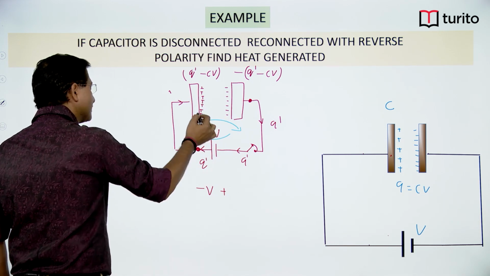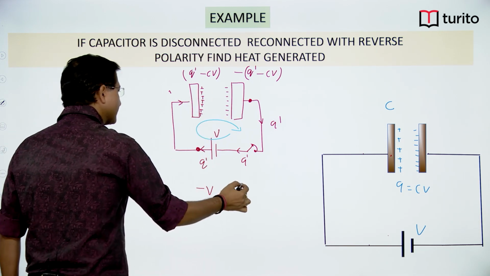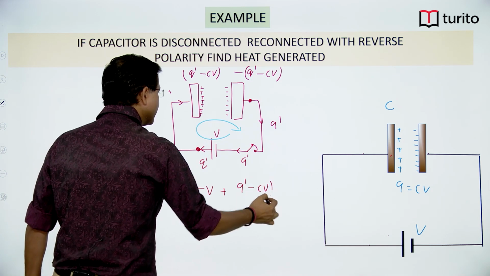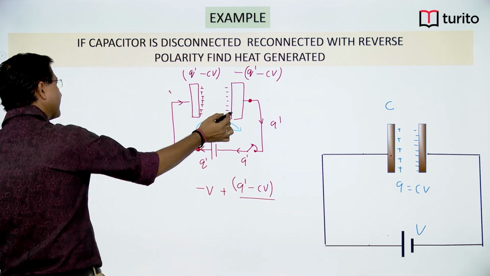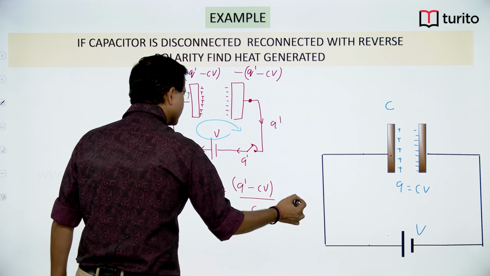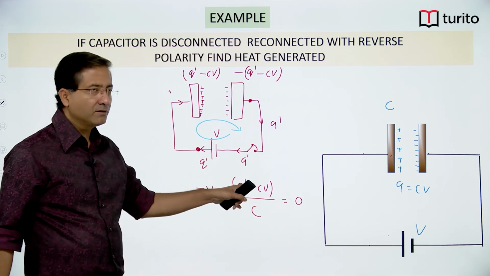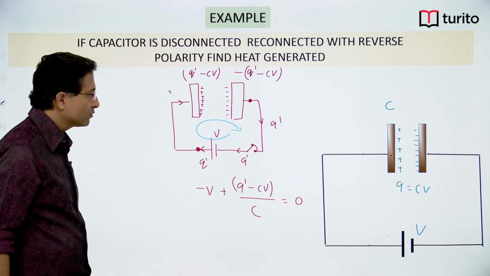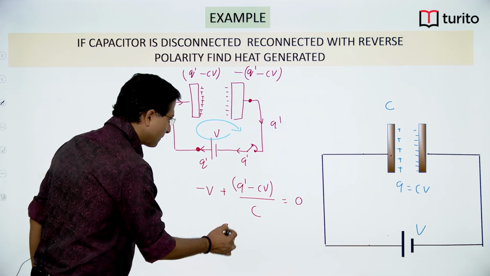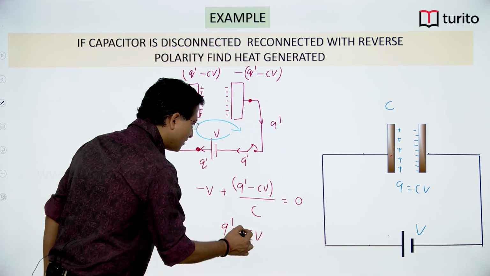Charge on capacitor is the charge on the positive plate, that is Q dash minus CV, divided by capacitance C, is equal to 0. Now I can simplify, this CV and this CV will make it 2 CV. So, Q dash, what we are getting, is equal to 2 CV.